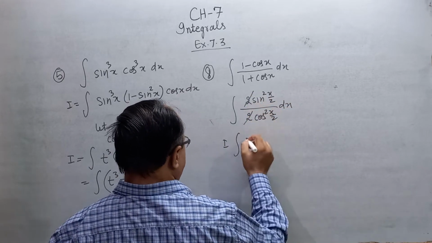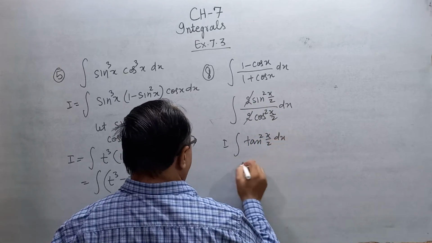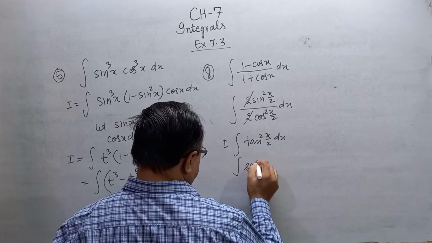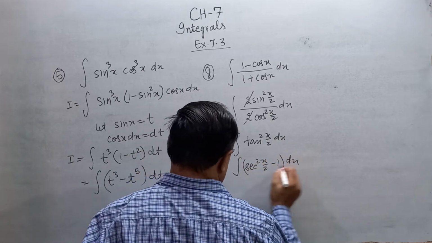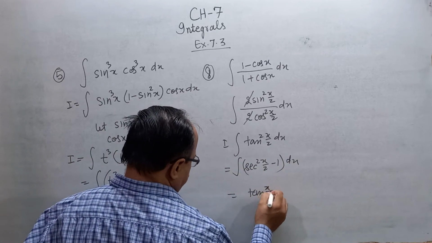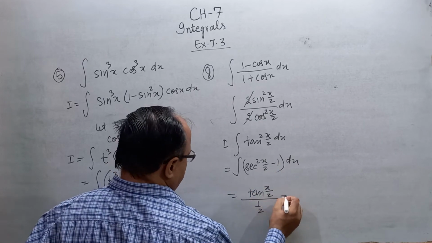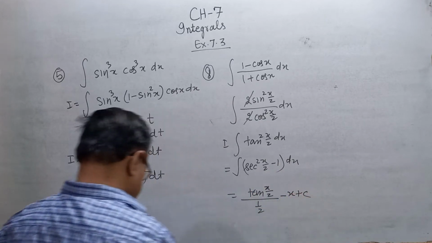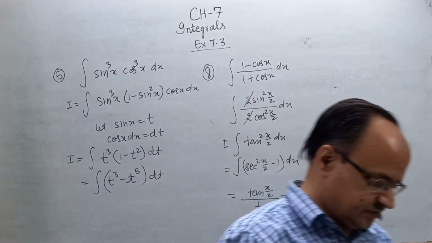And you know that sin by cos is tan, so it is tan square x by 2. And tan square x by 2 you can write as sec square x by 2 minus 1. The integration of sec square x by 2 is tan x by 2 upon the derivative of x by 2, that is 1 by 2, minus x plus c. This is the solution of question number 8. Clear?